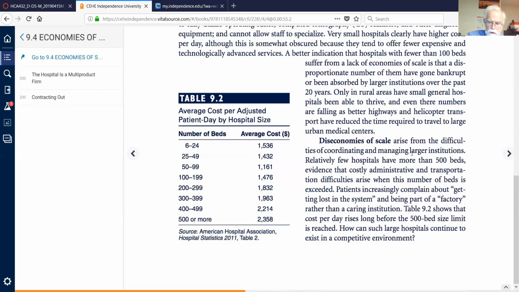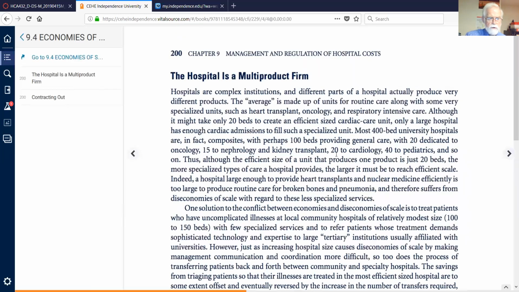The larger hospitals generally cost more because they're more expensive and more difficult to run. They require more infrastructure. They require more staffing. So they're much more difficult critters to deal with in that respect.